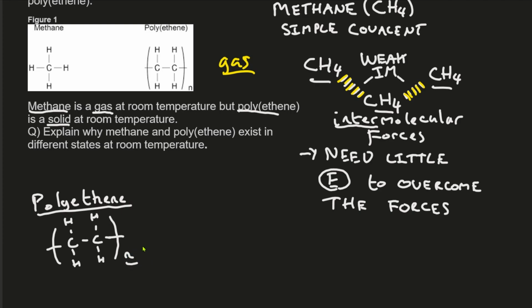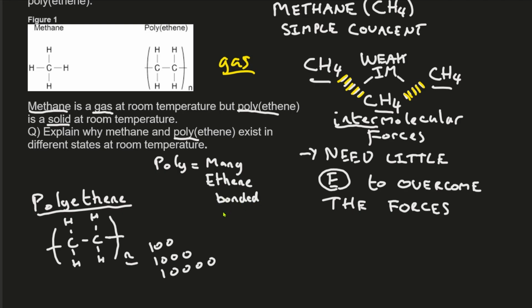What that n tells us is that this could be 100, it could be 1,000, it could be thousands of these constituent units, or what we call monomers, long. The reason it's poly should give you the clue. Poly means many, right? So when you hear the word poly, you should think straight away this is many molecules. So there are many molecules of ethene joined or bonded together. That's what a polymer is. Lots of monomers joined together to form a larger polymer or larger molecule.